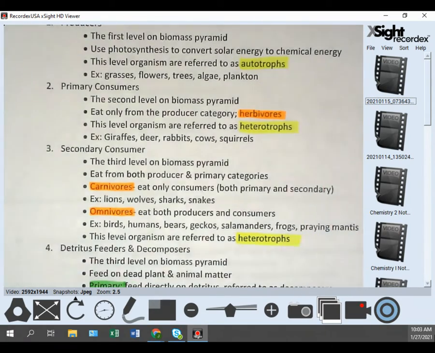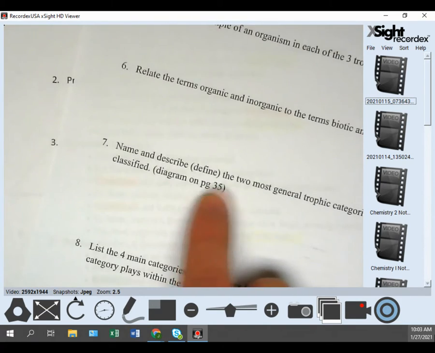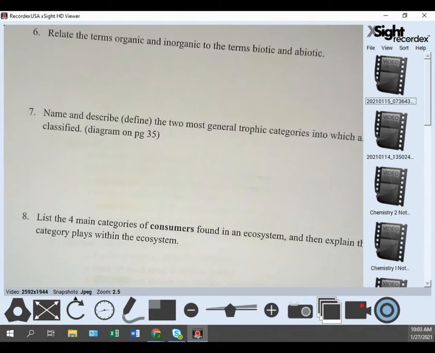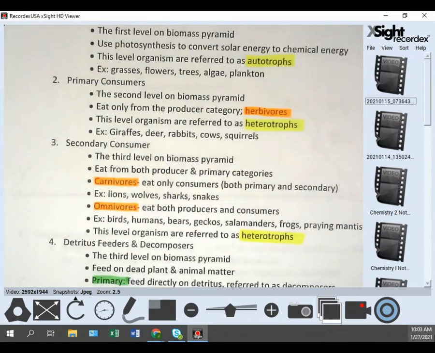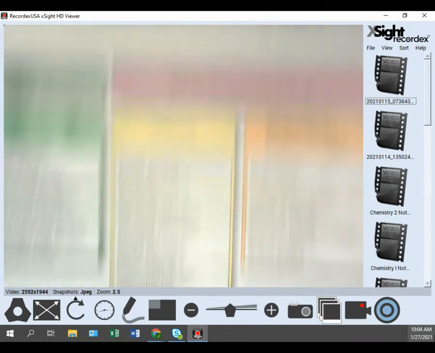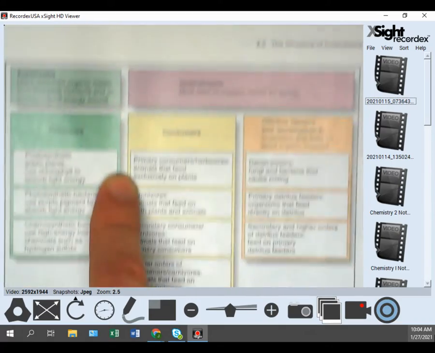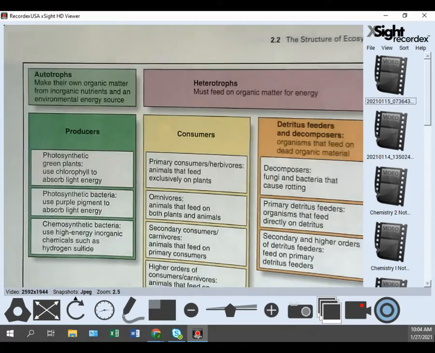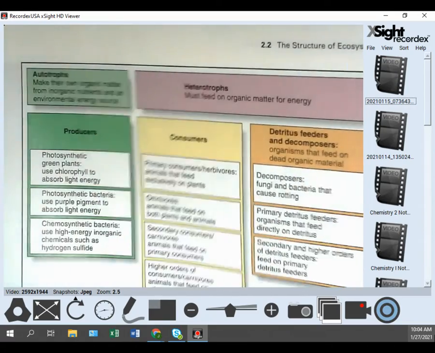In your book, it should have been open to this page. It's on the homework. I said page 35, because here it says name and define the two most general trophic categories. If you look on page 35, we have the three categories that we talked about, right? Producers, consumers, and detritus feeders and decomposers.